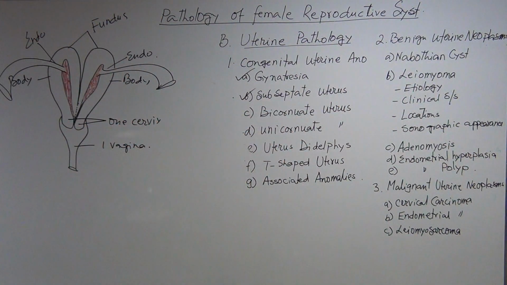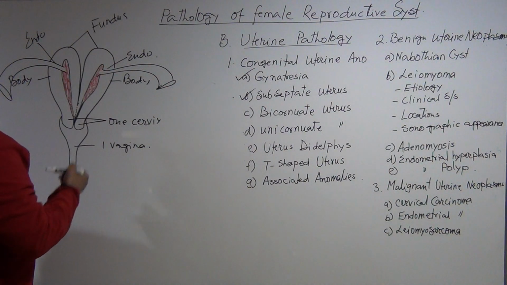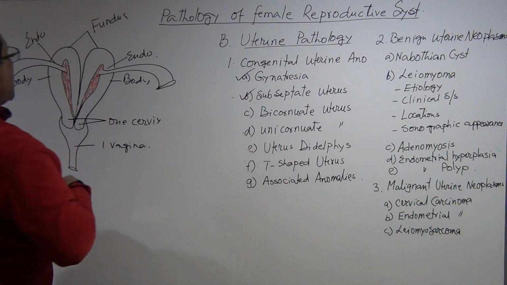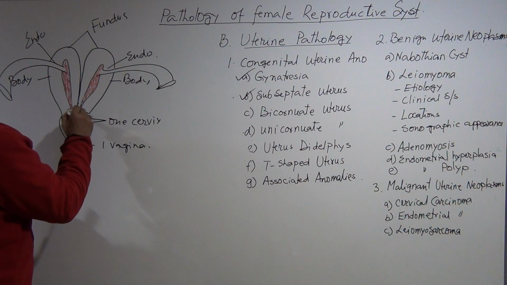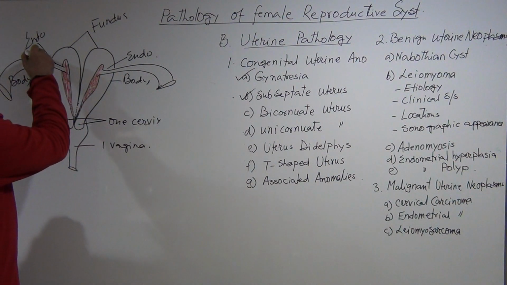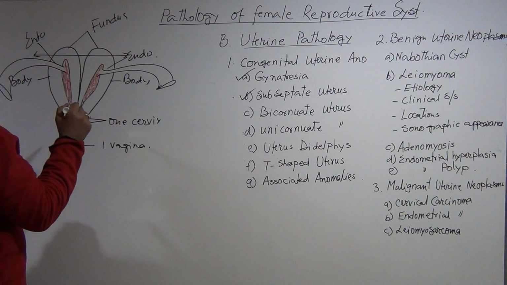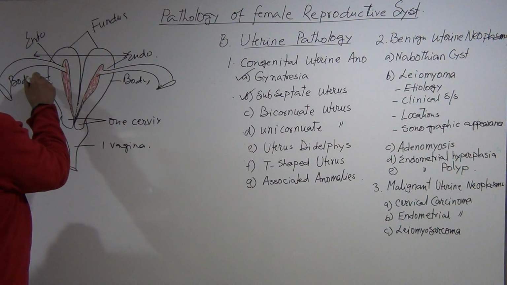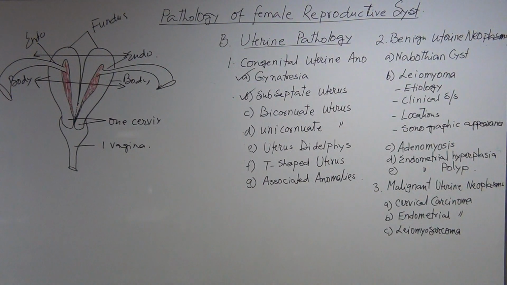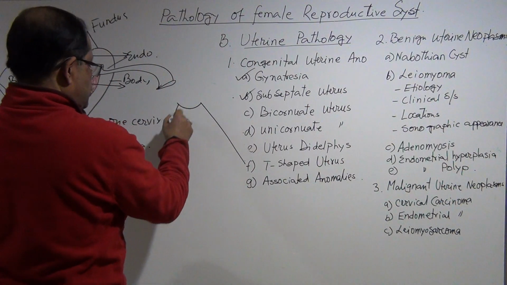So now this is bicornuate uterus. And if I want to see or prove that it is really bicornuate, then I will say, okay, do it in transverse view, in transverse view through the fundus and through the body. Then what are you going to see?